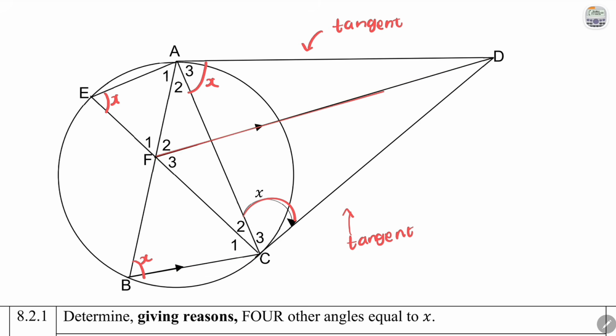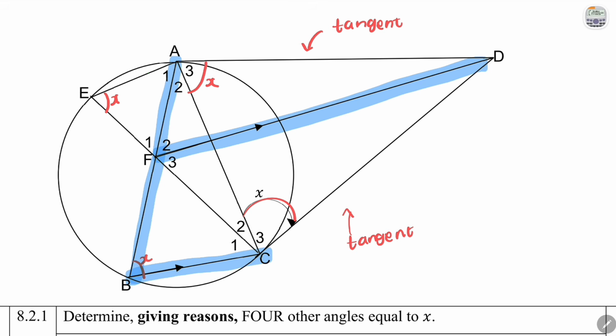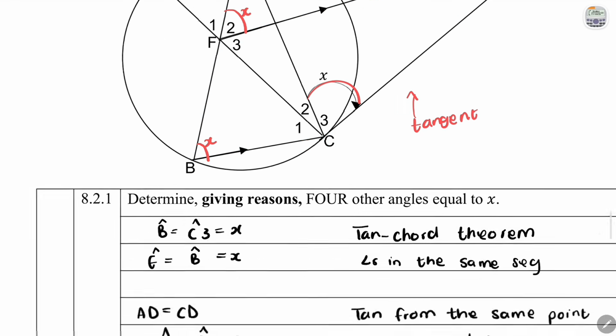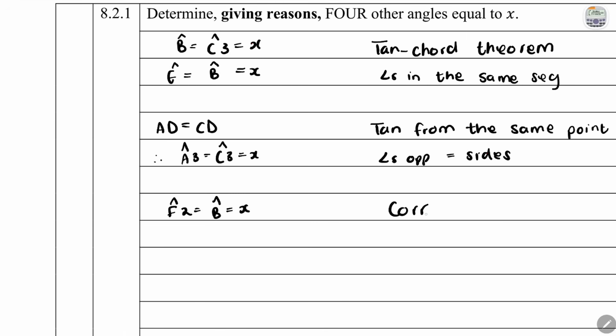If these two lines are parallel, then this forms an F. So it means that this angle over here, angle F2, is equal to angle B, because of corresponding angles on parallel lines.